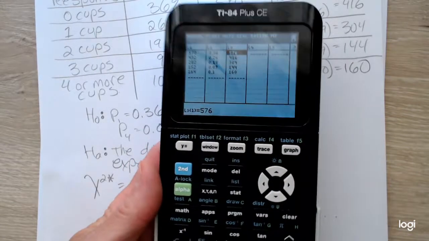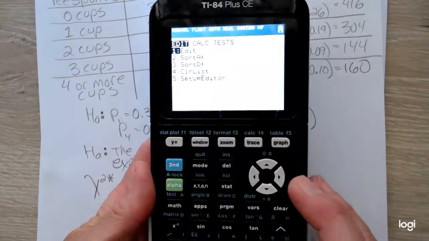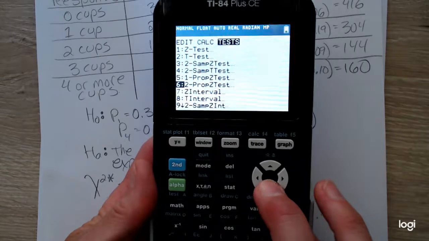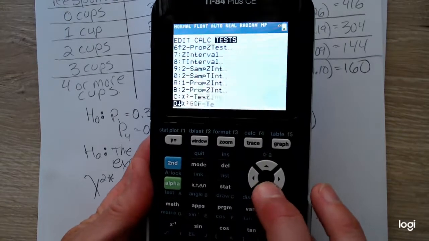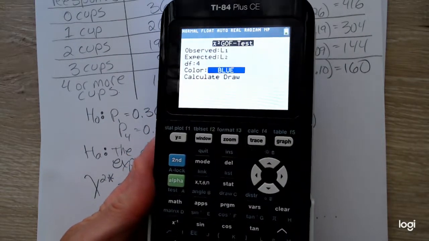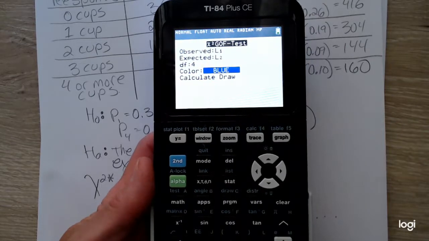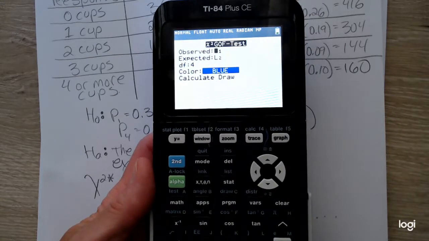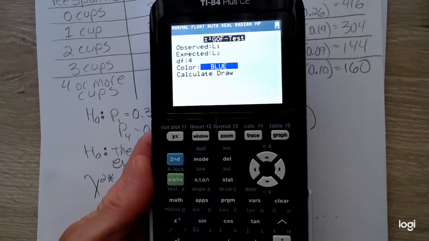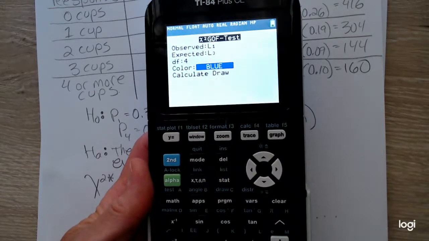To do that, I'm going to go to Stat, arrow over to Tests, and scroll down to chi-square GOF, which stands for goodness of fit. And it's going to ask for where your observed counts are and where your expected counts are. My observed counts were in list 1, and I created my third list to be the expected counts.